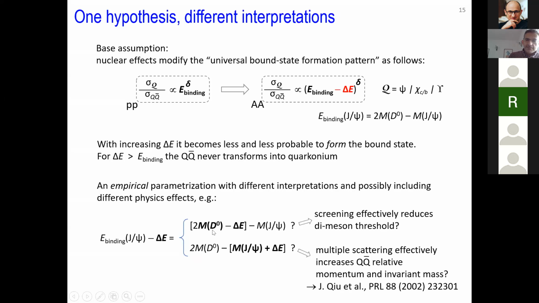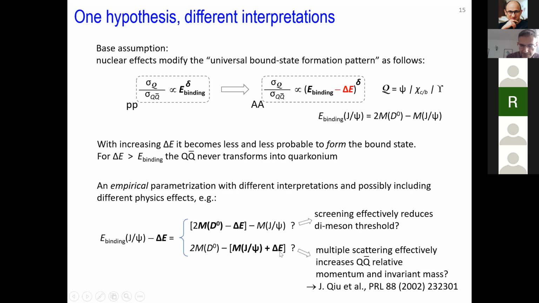In particular, it can have two completely different interpretations. In one case, we can associate delta E to the energy of the threshold of the production, as a decrease of the threshold energy. So this would be a screening effect. The threshold energy is reduced, so it becomes easier for the QQ bar to transform into mesons rather than into quarkonium.